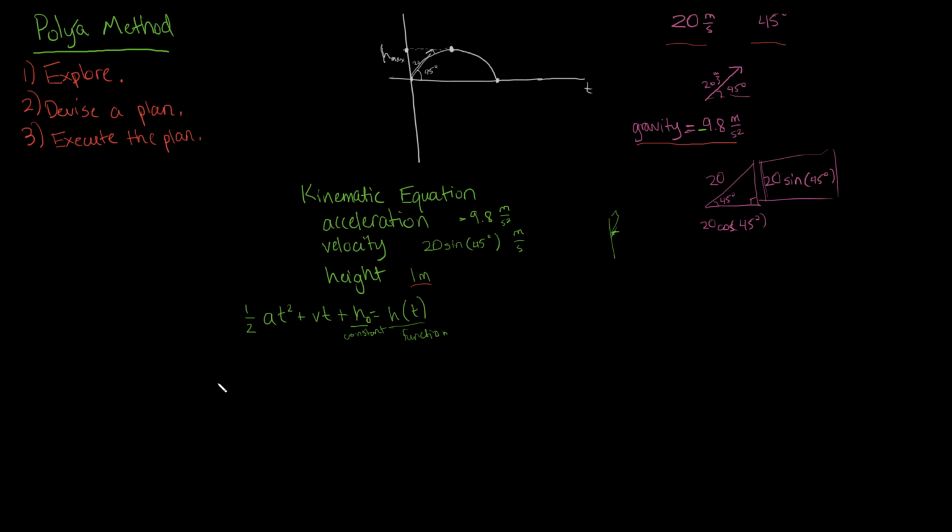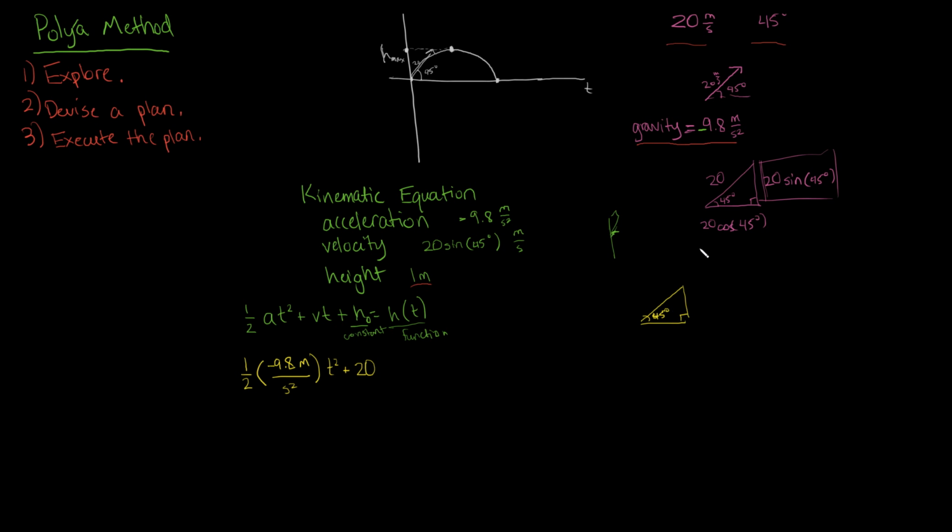So let's scroll down here and actually try to solve this problem. Let's plug in our values. 1/2 times acceleration, negative 9.8 meters per second squared, times t squared, plus velocity, which is 20 sine of 45. And what is the sine of 45 degrees? We can draw ourselves a little triangle here.